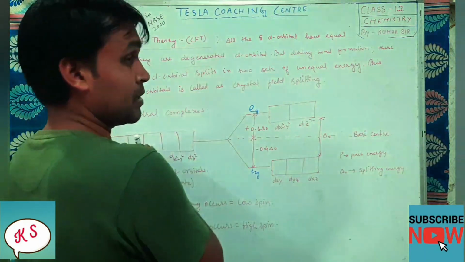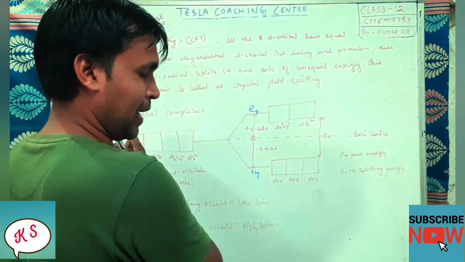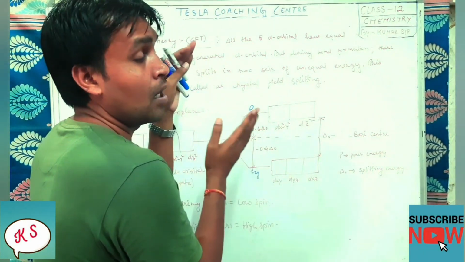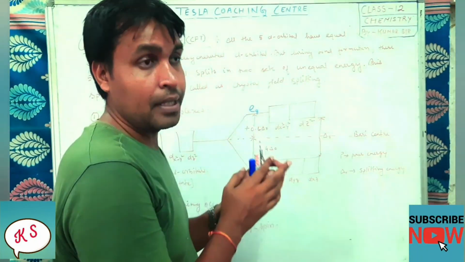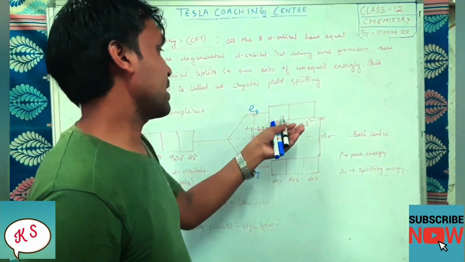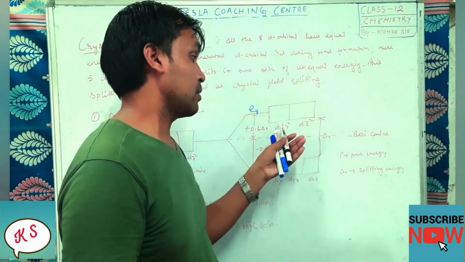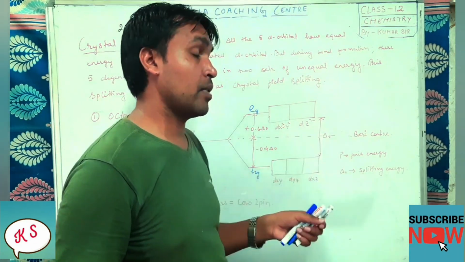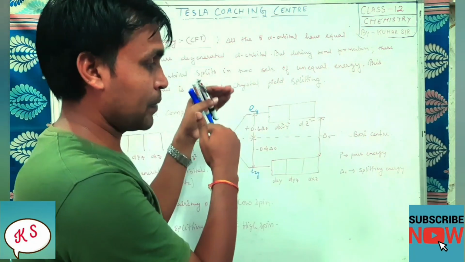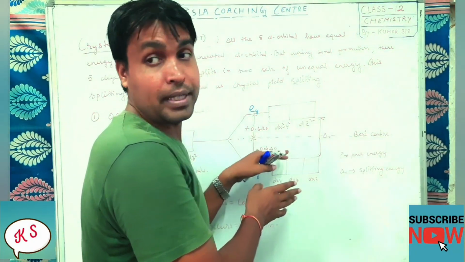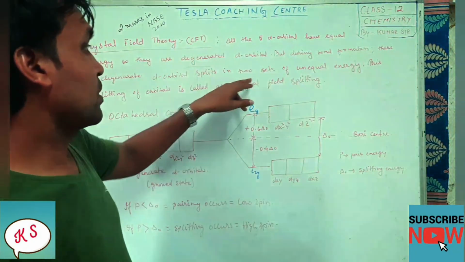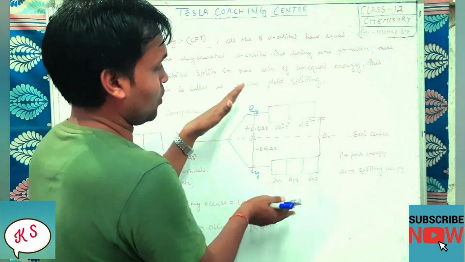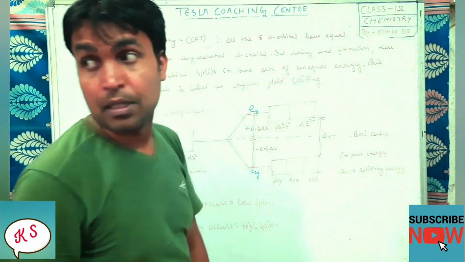In the upper set you have dx2-y2 and dz2, which are of higher energy, on the upper side, and the orbitals of lower energy will be on the bottom side. This splitting process into 2 sets of unequal energy we call crystal field splitting. Got it?